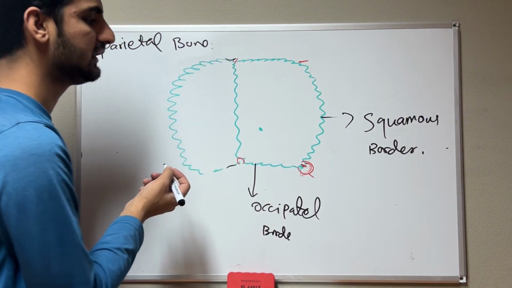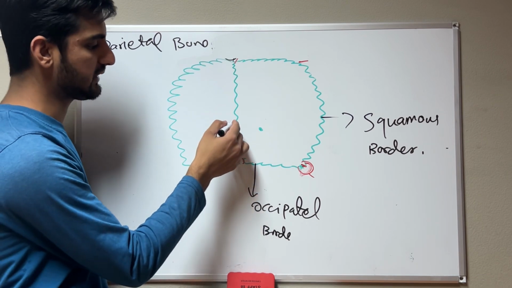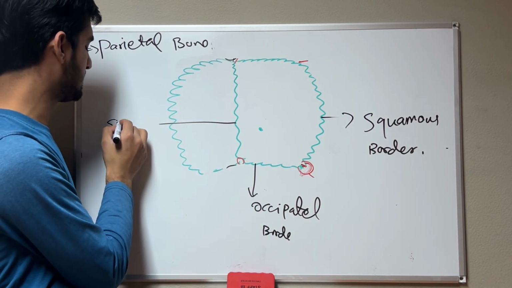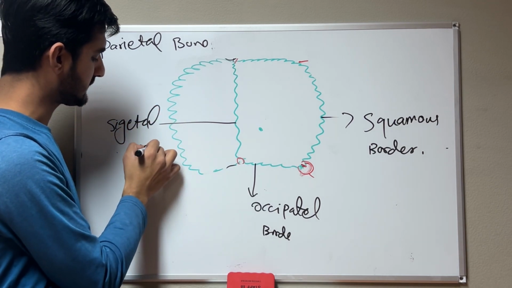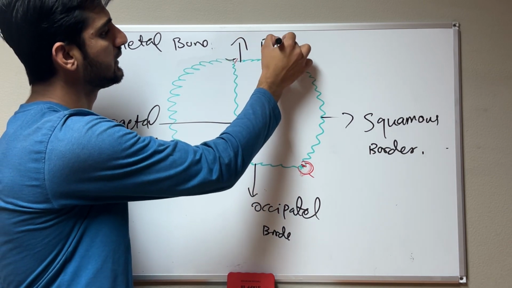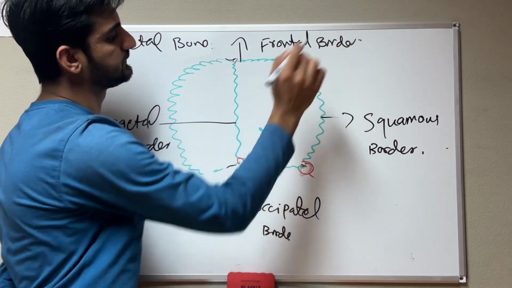Here is the connection with the other parietal bone. Between the two parietal bones we have the sagittal suture. It's called the sagittal border, or margo sagittalis. And here the connection with the frontal bone is called the frontal border.